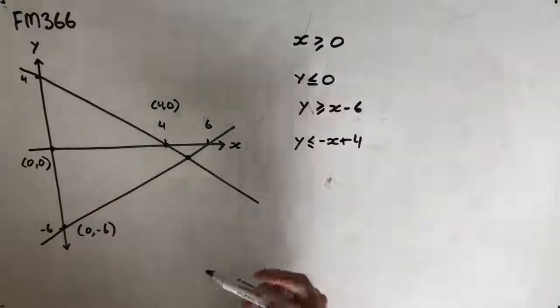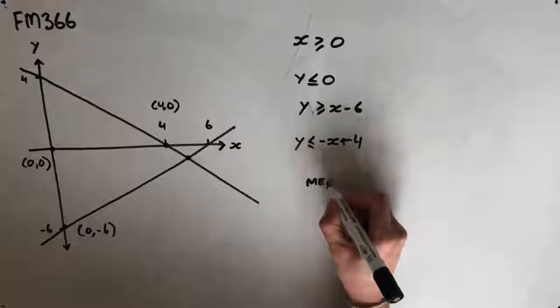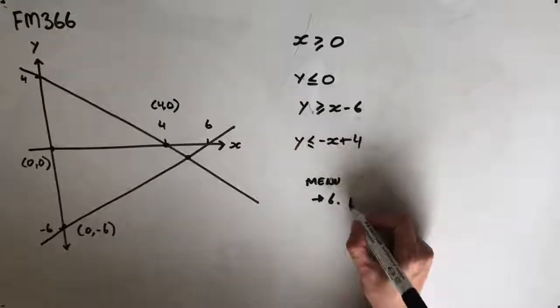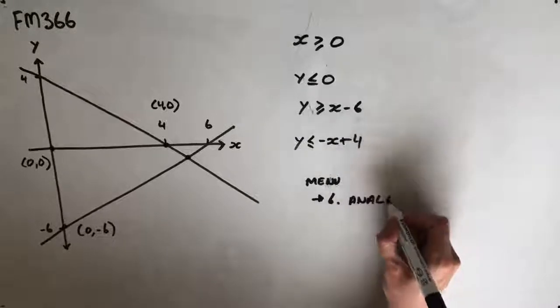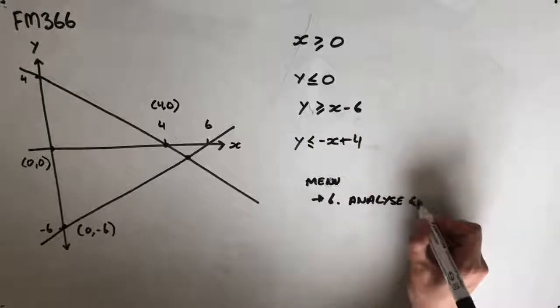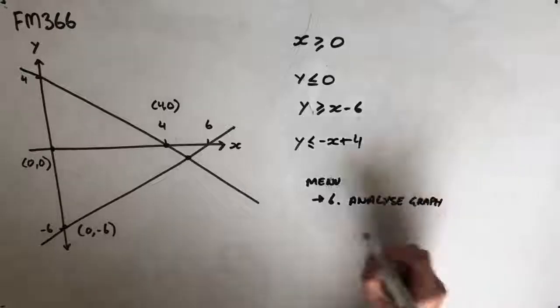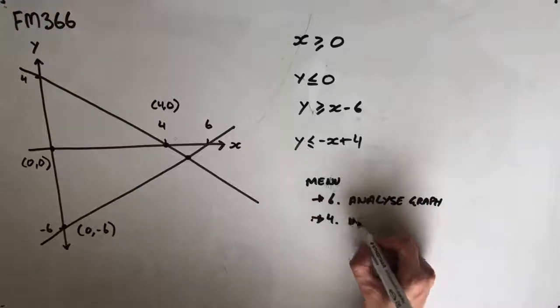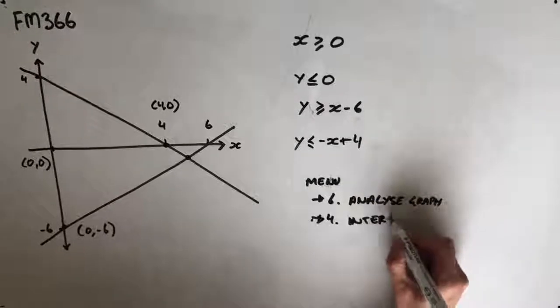Or you can use your calculator and use menu 6, which is analyze graph, and then 4, which analyzes for an intersection.